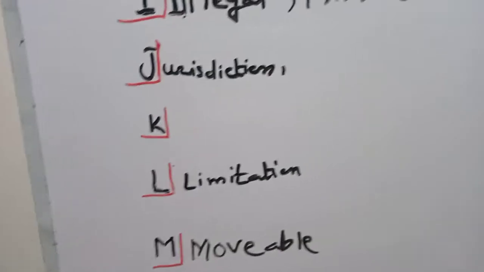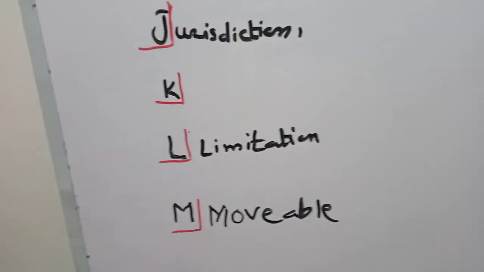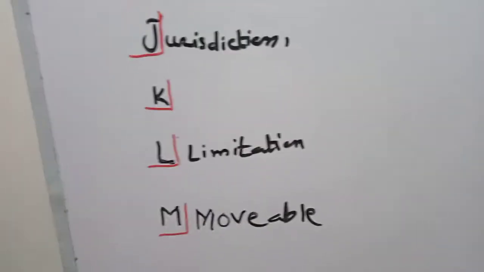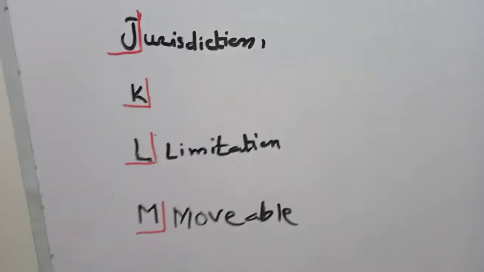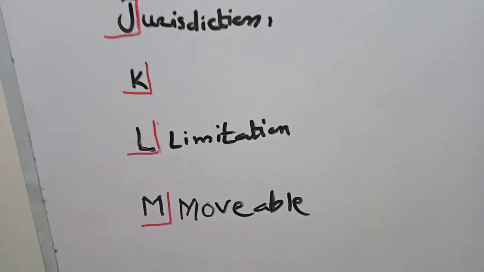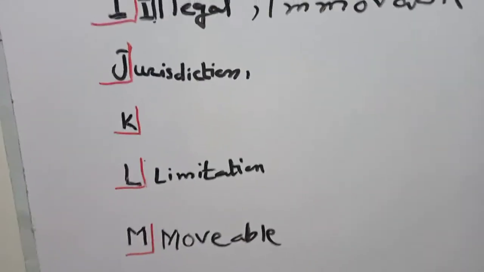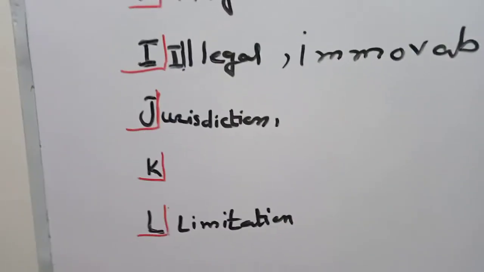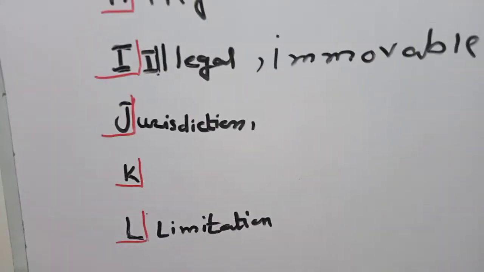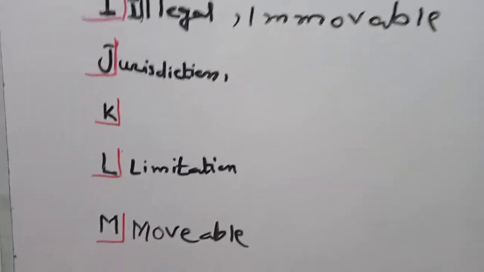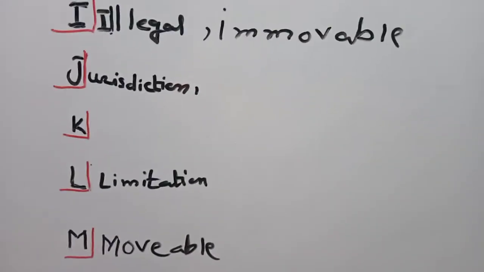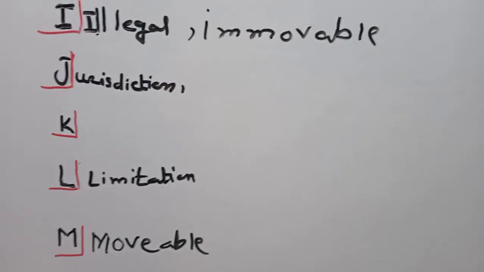Limitation, L. Actually I don't have a K alphabet. Limitation actually means limits, but which limits? Time limits. In civil matters, time limits, even in criminal matters, but here we are discussing civil, and mostly limitation is about the civil.